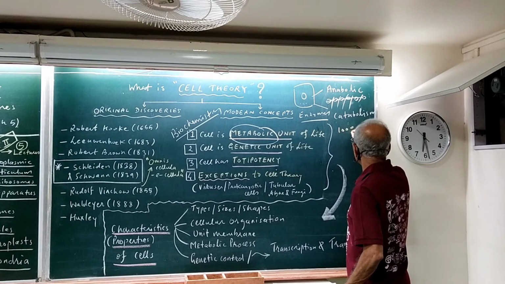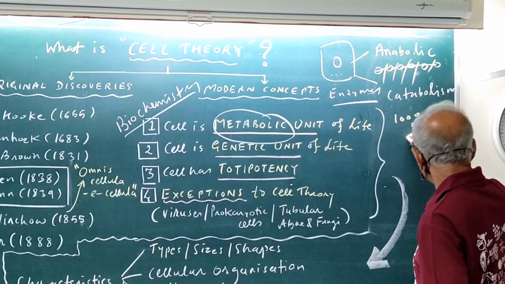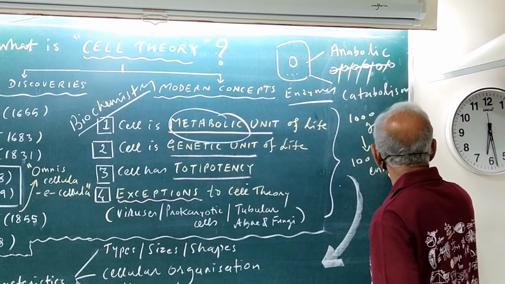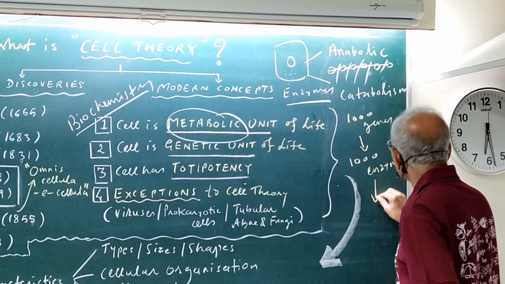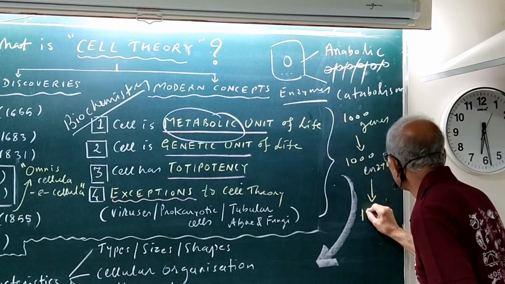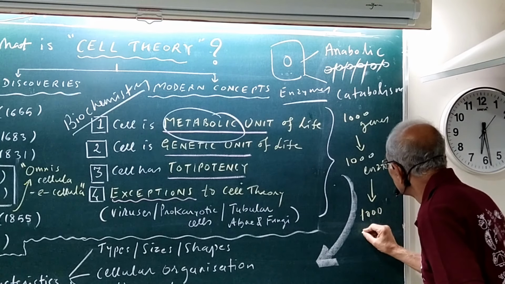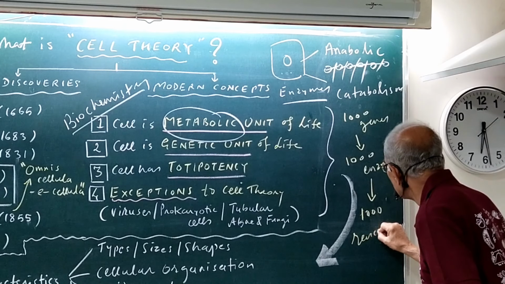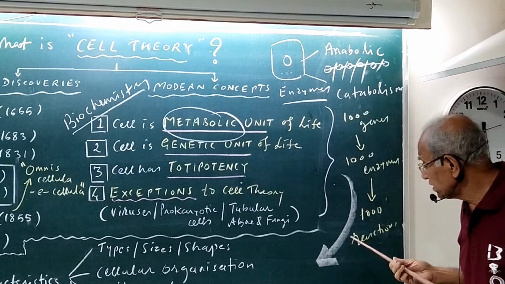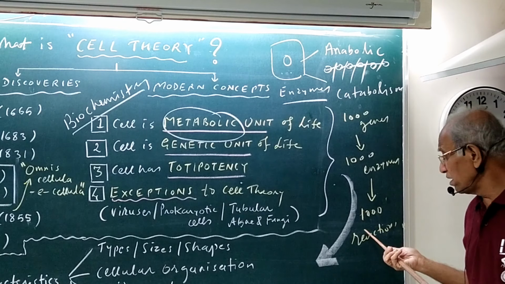1,000 genes will produce 1,000 different types of enzymes, and 1,000 different types of enzymes will regulate 1,000 different types of reactions. And these reactions which are taking place will make the cell alive.